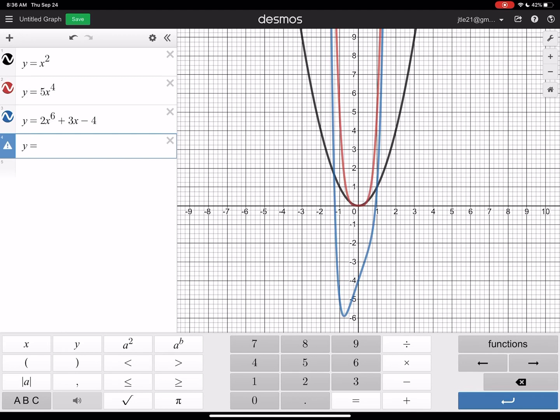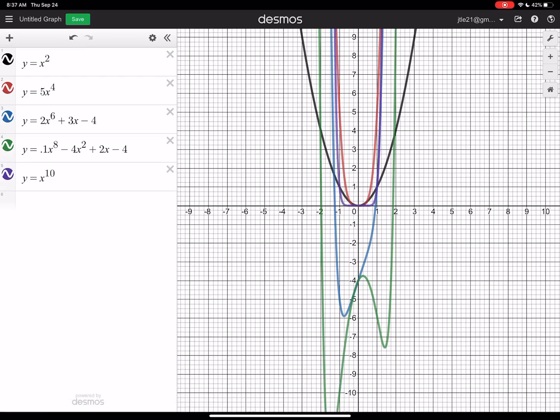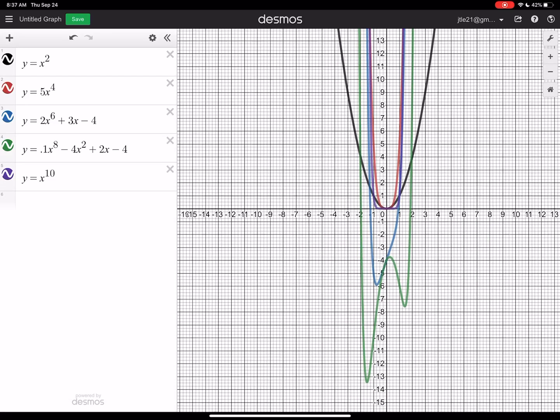Y equals 0.1x to the 8 minus 4x squared plus 2x minus 4. Y equals x to the 10. Okay? So I gave you a bunch.